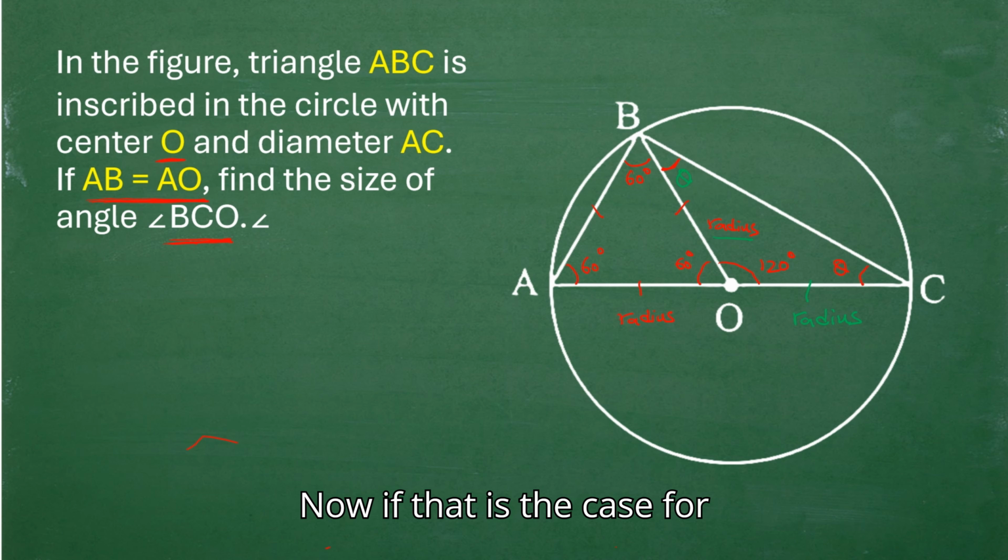Now, if that is the case, for the internal angles of triangle OCB, their sum will be equal to 180. So I have theta plus theta plus 120 equals 180.